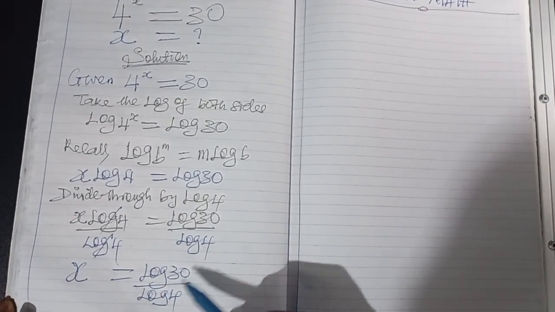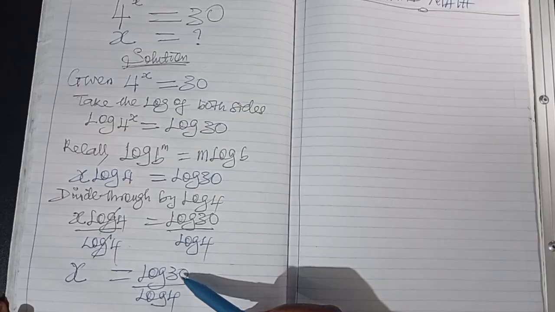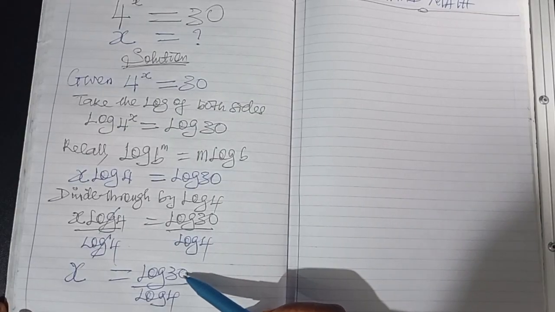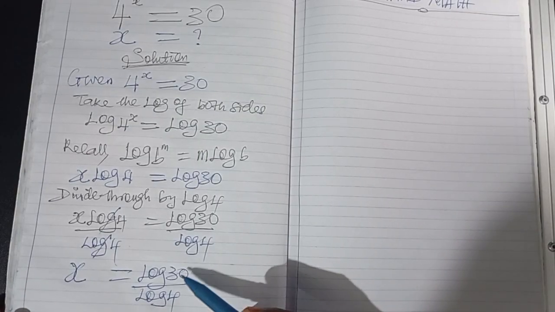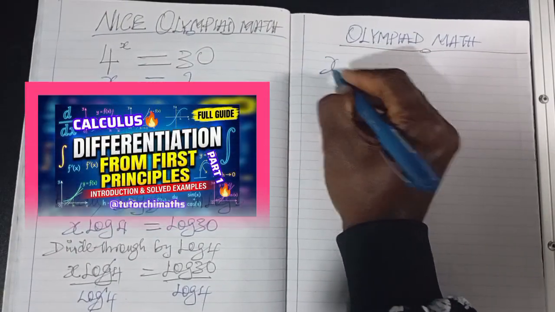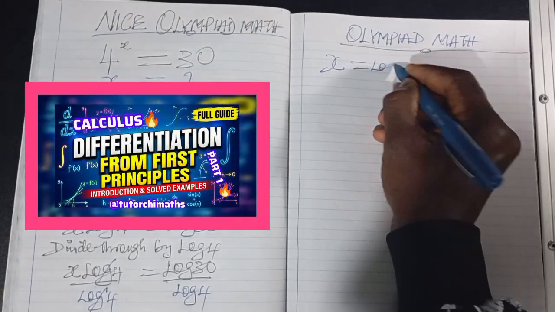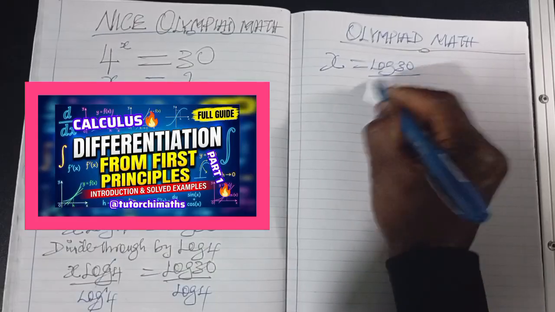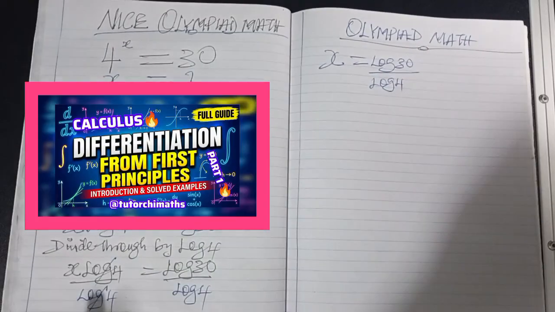Now this 30, let's express 30 further. So x equals log 30 over log 4.